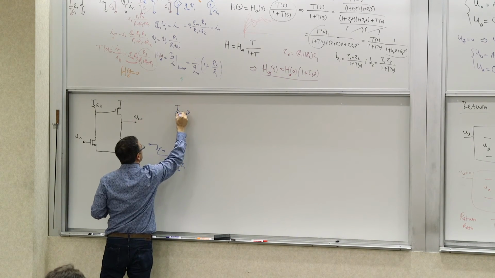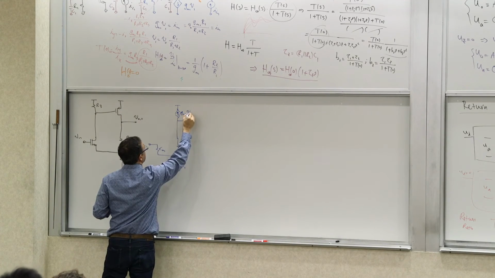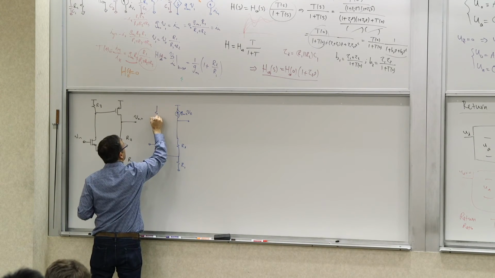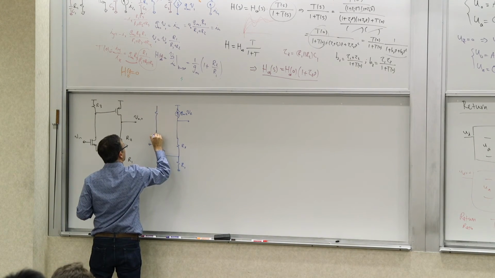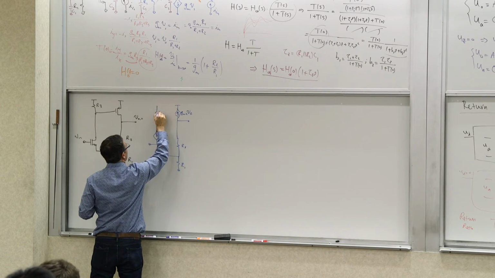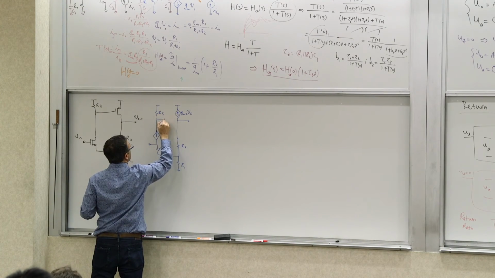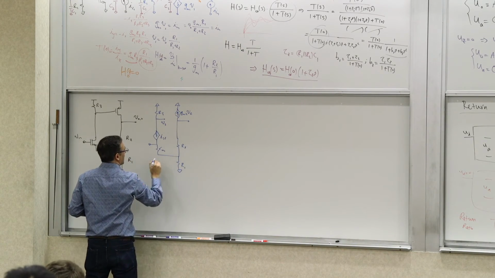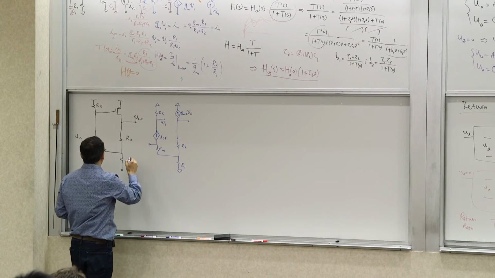I'm using a pi for that one because its source is grounded, AC grounded, V2 or V3, whatever. And then we have this one, which is IS1, and this is R3, this is V2. These are grounds. Okay, and this is Vn.